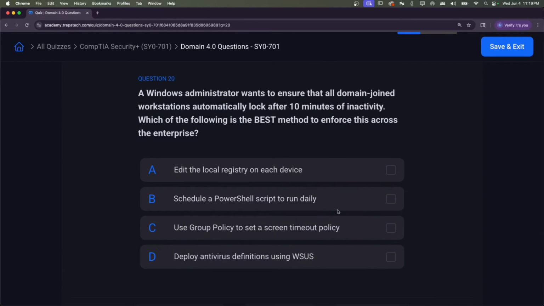Question 20. A Windows administrator wants to ensure that all domain joined workstations automatically lock after 10 minutes of inactivity. Which of the following is the best method to enforce this across the enterprise? Let's say a group policy, right?